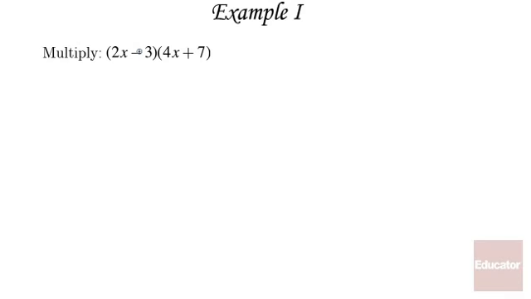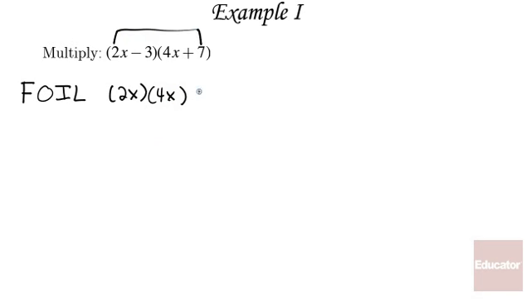In this first example, that's just what we have, two binomials. 2x minus 3 times 4x plus 7. So I'm going to use the FOIL method. I'm going to multiply the first terms. That's 2x times 4x. Then I'm going to multiply the outer terms.